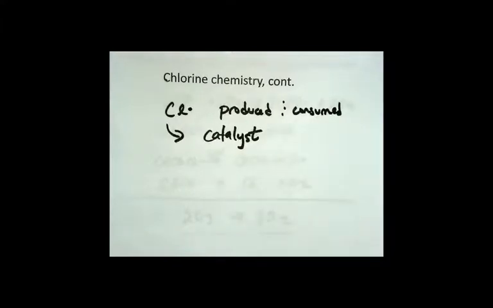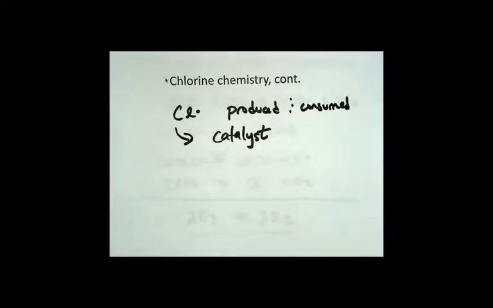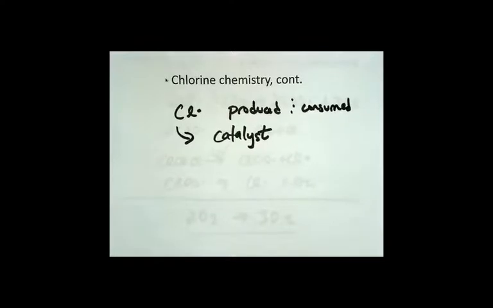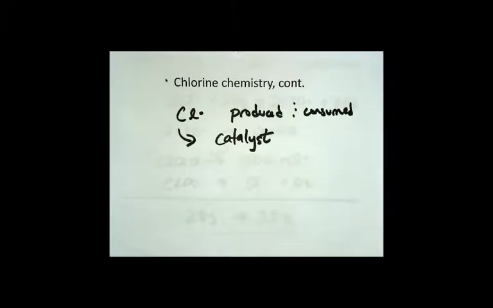So really what's happening is the chlorine atom is acting as a catalyst for the destruction of ozone. And a catalyst, of course, is a chemical substance that participates in a chemical reaction and influences the speed of the reaction without undergoing permanent change. So one chlorine atom can do a lot of damage because as it's destroying the ozone, causing the ozone to be converted to oxygen, it itself is being regenerated.